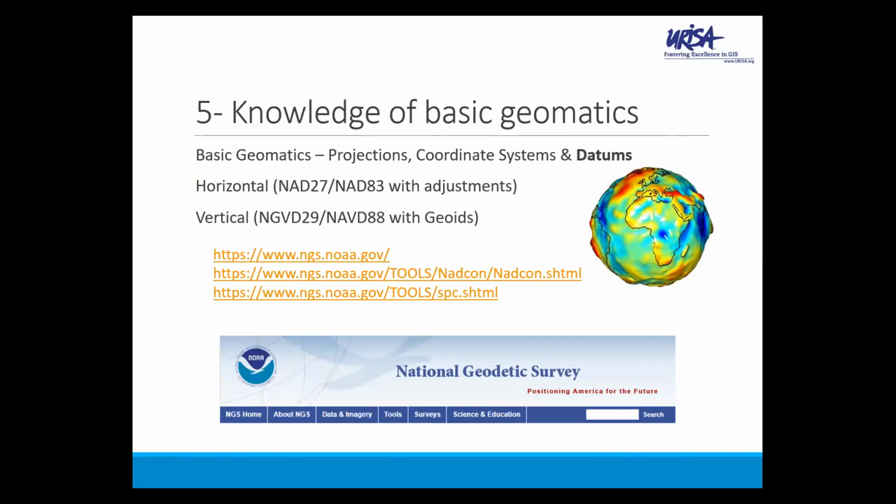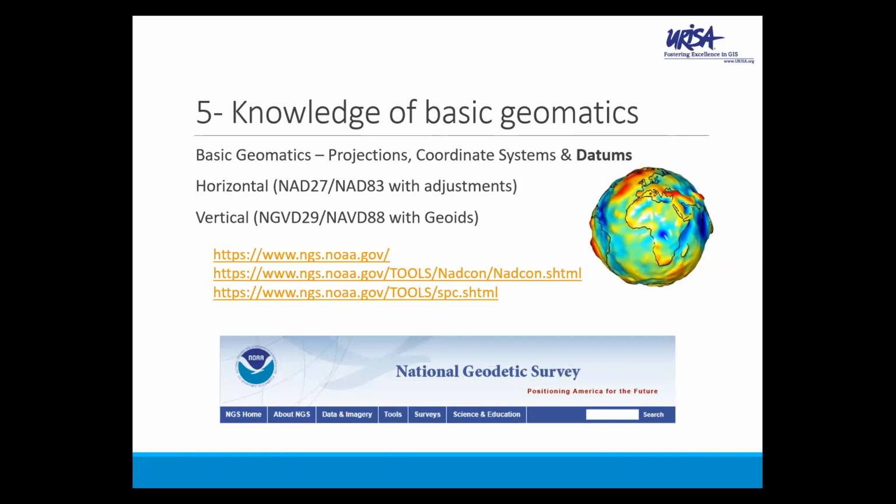Similarly, we have vertical datums, and the current vertical datum is the North American Vertical Datum of 1988, which references, and this is where things get a little hairy, and again, I don't want to teach, but one of the things that I think we as a group need to understand in terms of vertical datums are ellipsoid heights and geoidal heights.